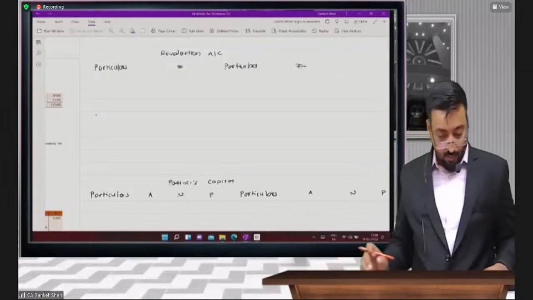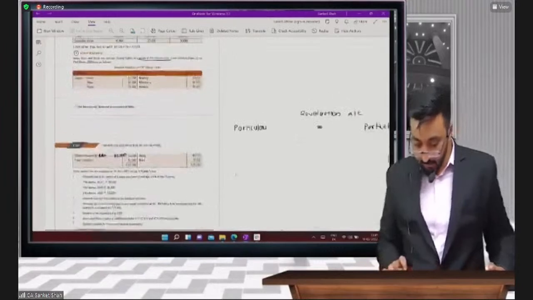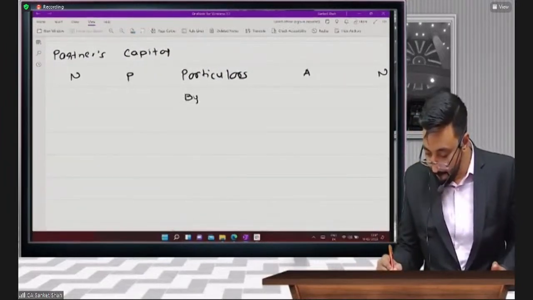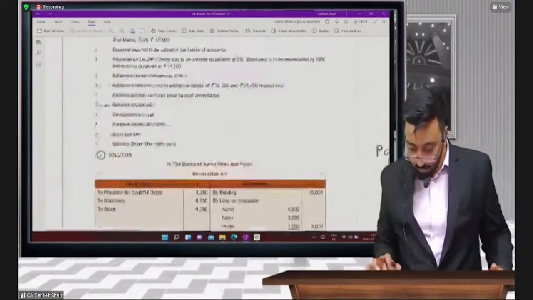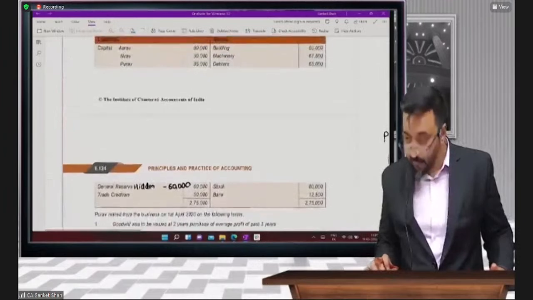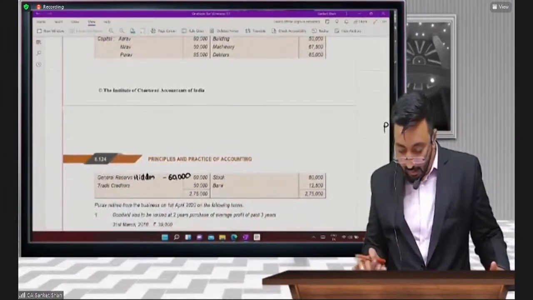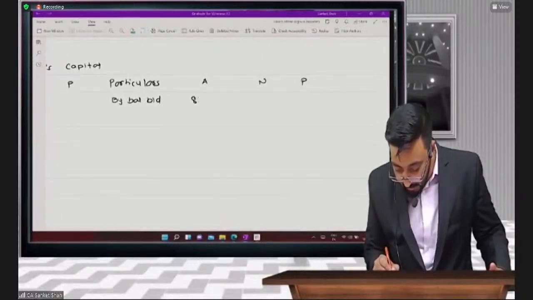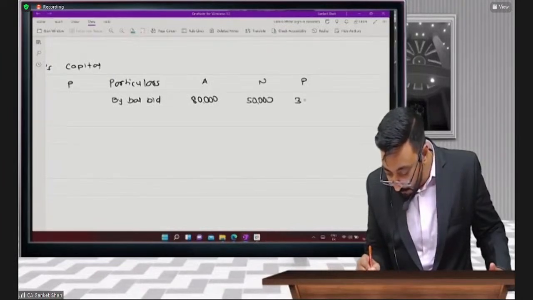Particular rupees. What I'm going to do now? Yes, first thing, I will write by balance brought down in capital account. So by balance brought down, you will write 80, 50, 35. Chalo, every one of you please write it. 80, 50, 35.